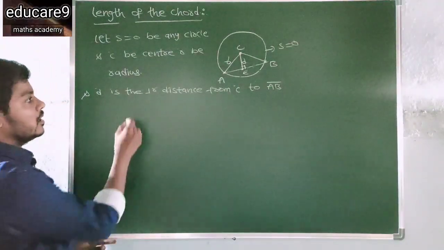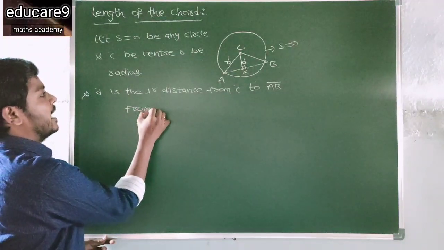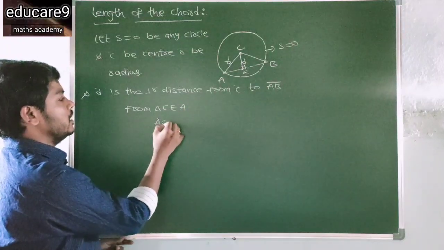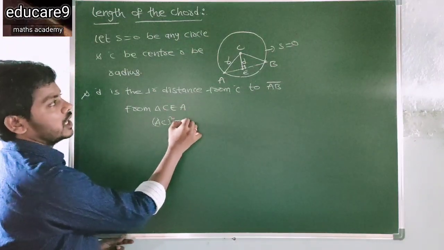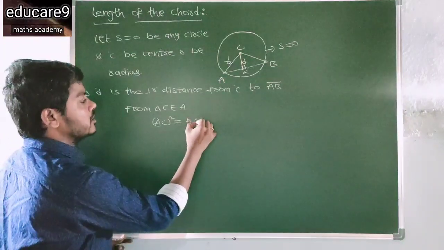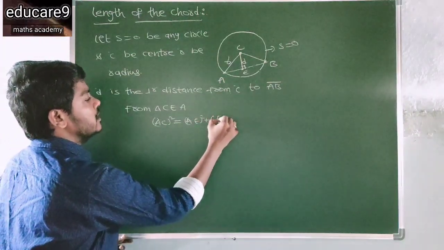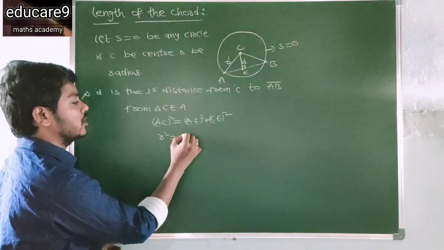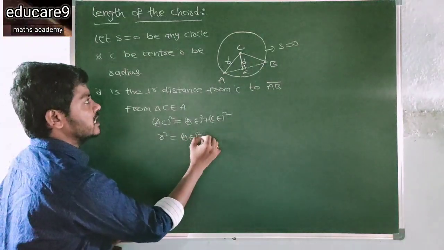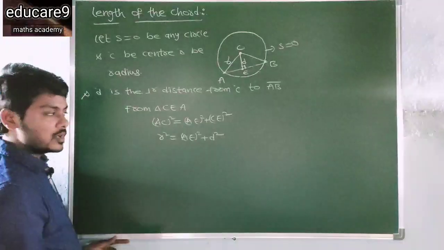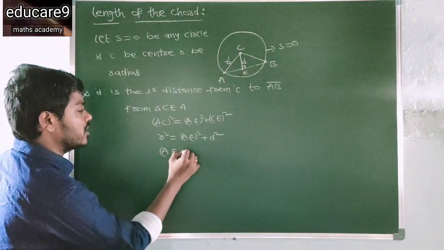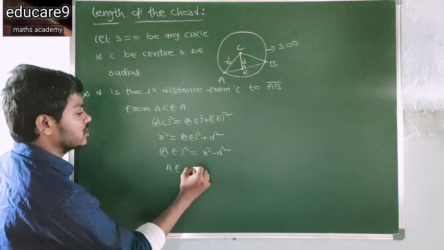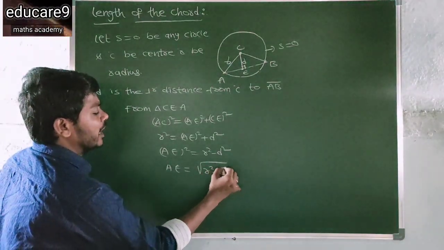Now from triangle CEA, AC square is equal to what? AE square plus CE square. So what is AC? Radius of the circle, that is R square is equal to AE square plus CE is what? D square. See here, AE square is equal to R square minus D square. So AE is equal to root of R square minus D square.